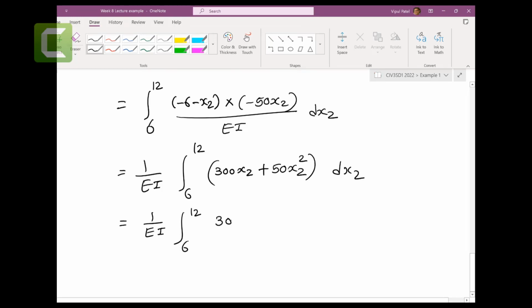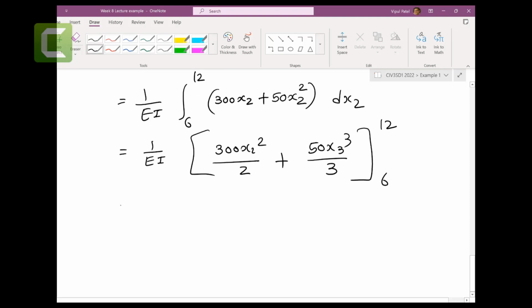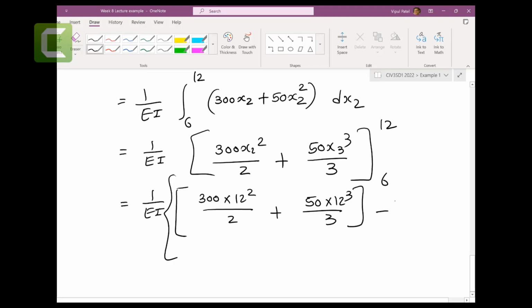Right, now that looks better: 300 x2 square on 2 plus 50 x2 cubed on 3, from 6 to 12. So 1 over EI, 300 times 12 square on 2 plus 50 times 12 cubed on 3, minus 300 times 6 square on 2 plus 50 times 6 cubed on 3.